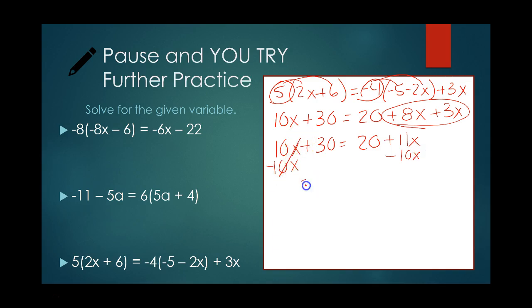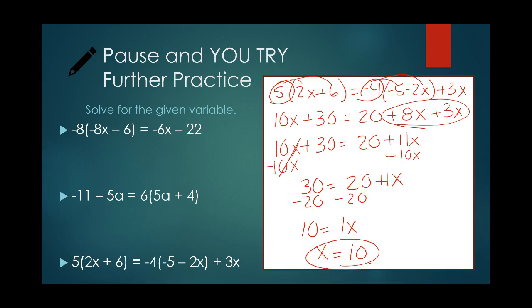So that's going to give you 30 equals 20. 11 minus 10, that's just going to give me a 1x left. So you could write the 1 if you wanted to. Subtract the 20 to take that away. So you're ending up with 10 equals 1x, or x equals 10.